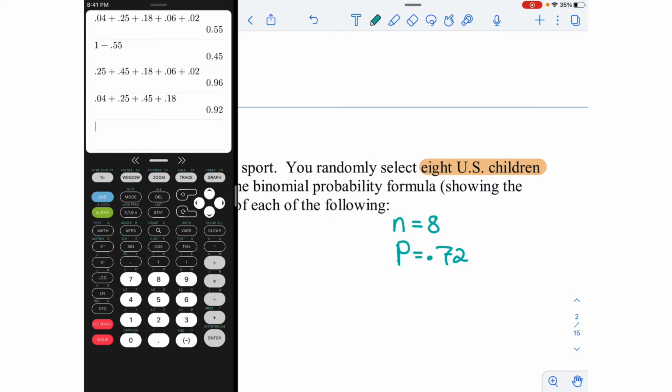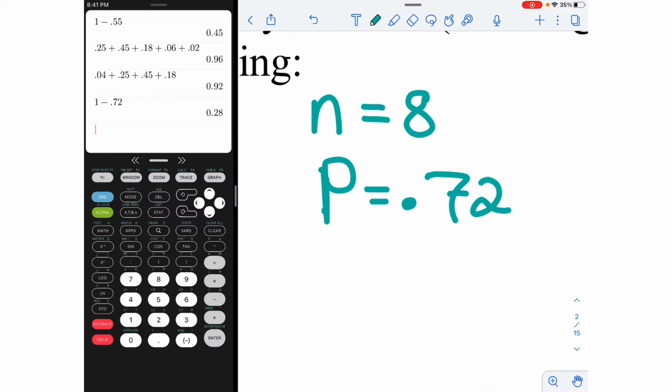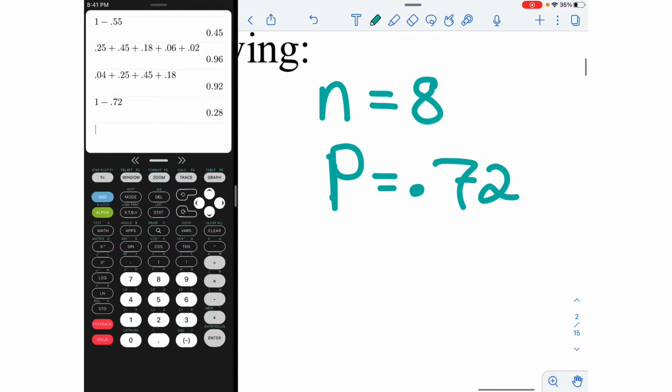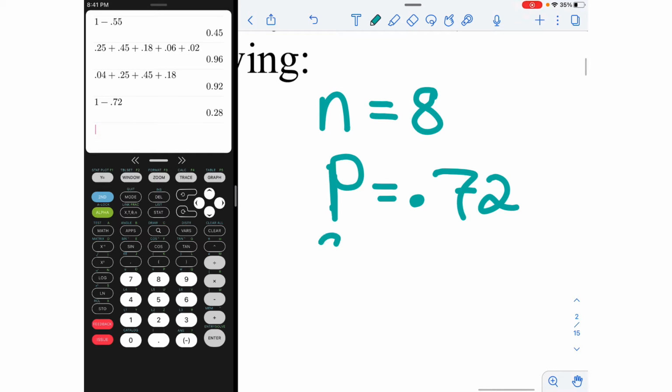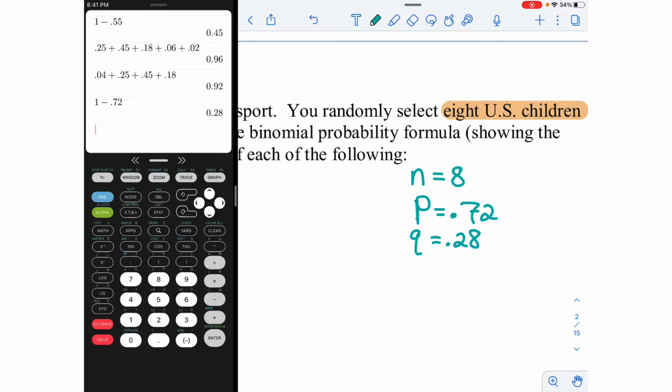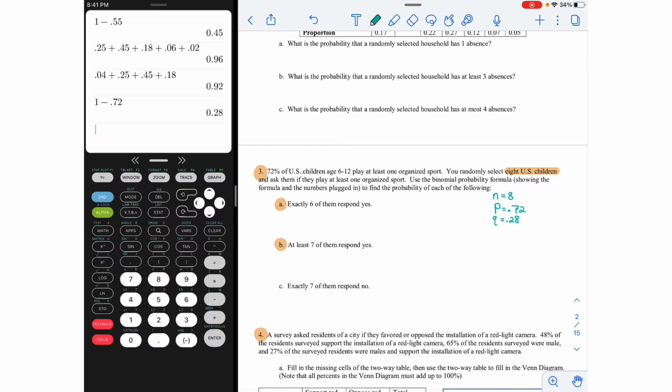All right, well, obviously the two probabilities, yes or no, so success and fail, have to add up to the number 1. So 1 minus 0.72 is 0.28. So if it's a 72% chance that someone's going to say yes, that would mean that there is a 28% chance that they're going to say no.